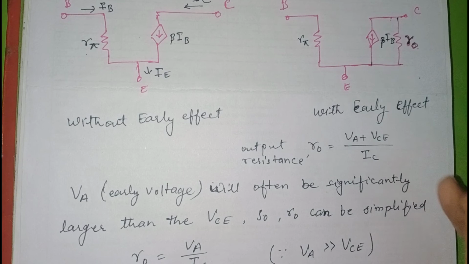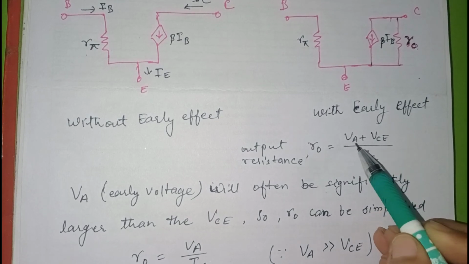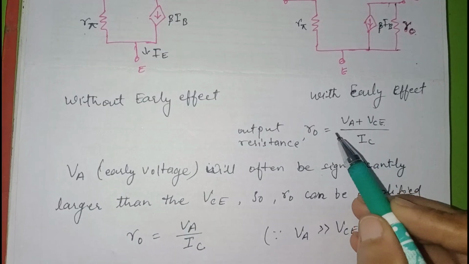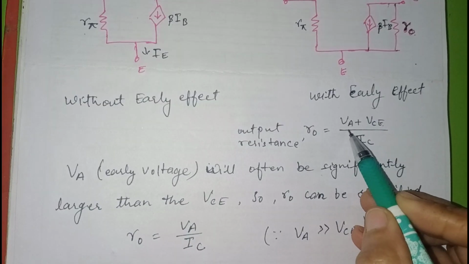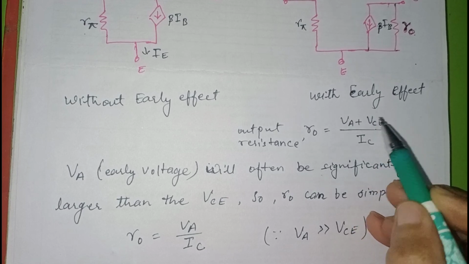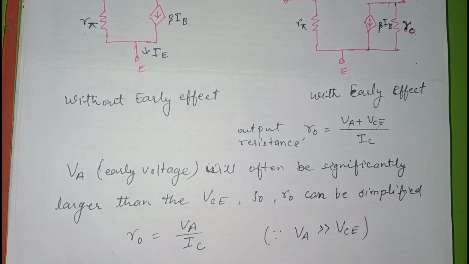So the output resistance is given by, after considering the early voltage, VA plus VC upon IC. Generally these early voltages are very high compared to VC, so we can neglect VC because VA is much higher than this value. So we can represent R0 equals VA upon IC.